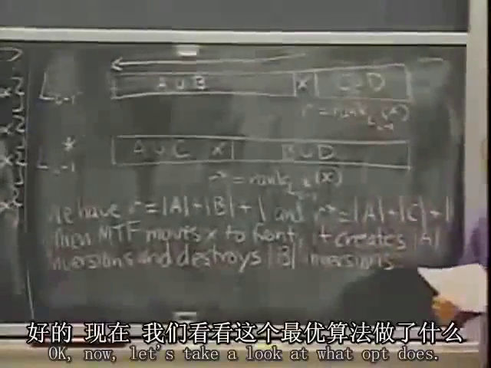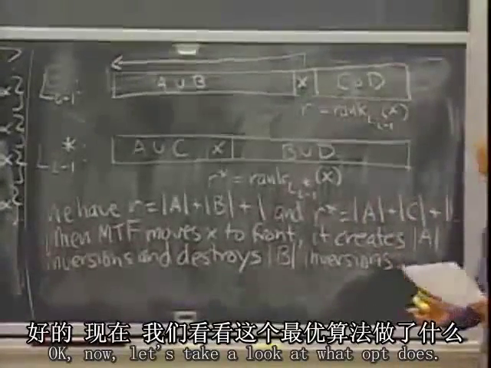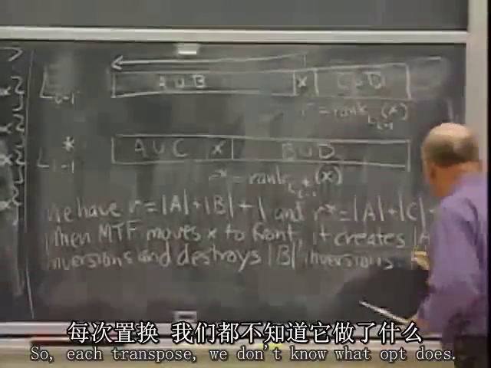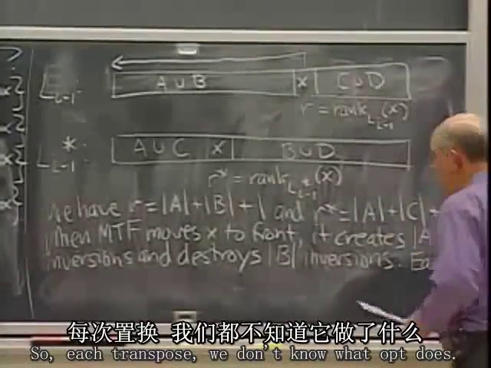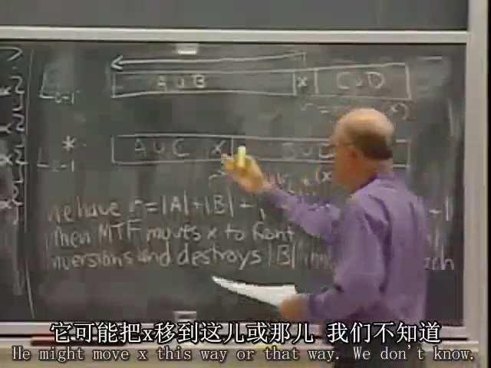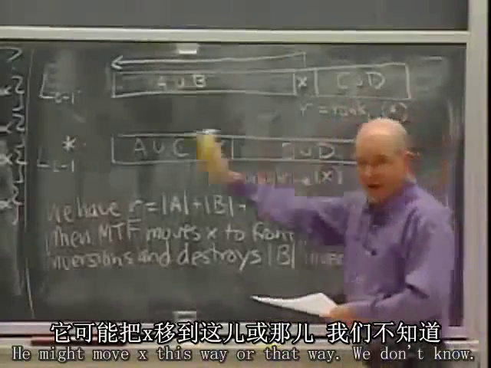Now, let's take a look at what OPT does. We don't know what OPT does. He might move X this way or that way. We don't know.